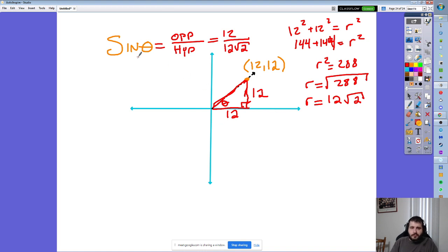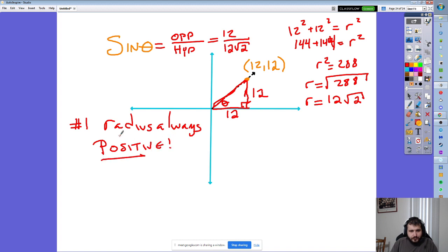So, thing number one, if we're talking about the radius of a circle, that's always positive. That's always true.